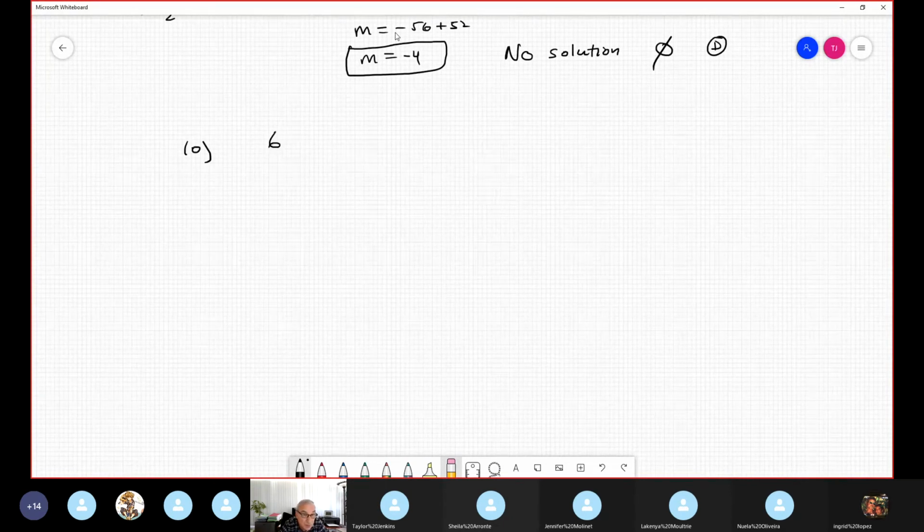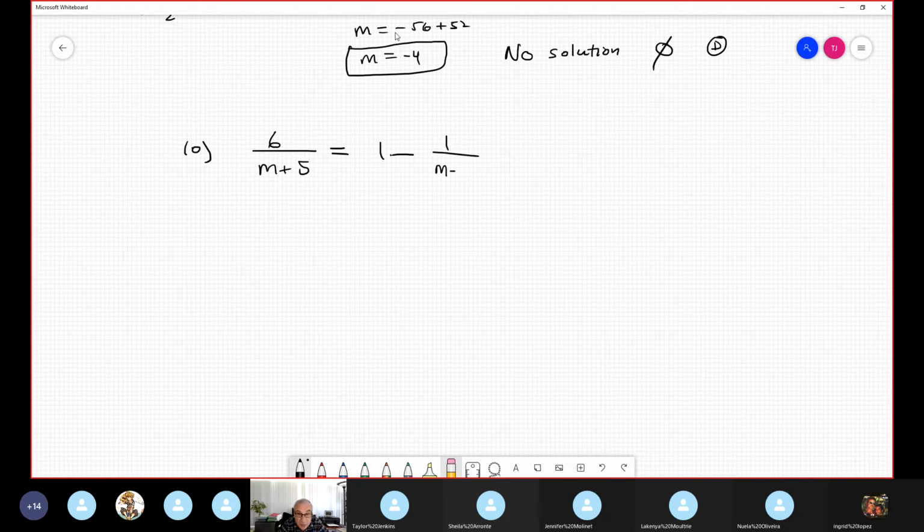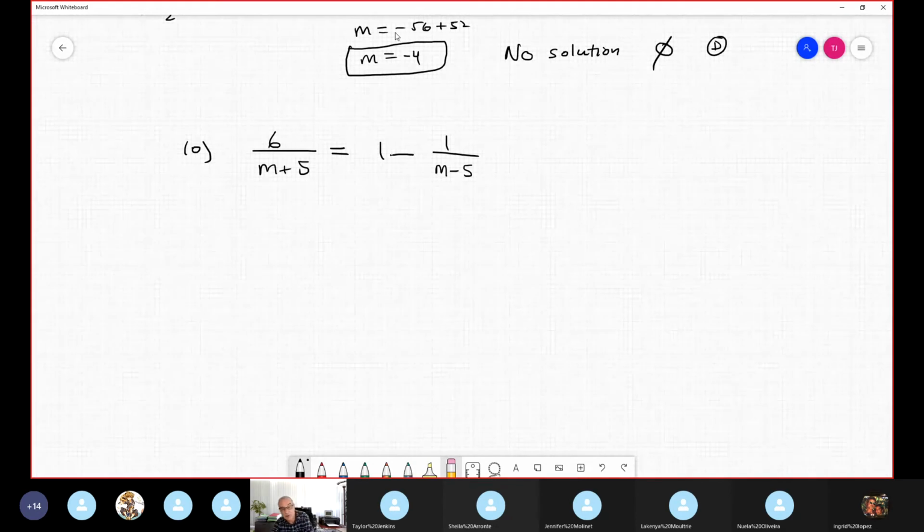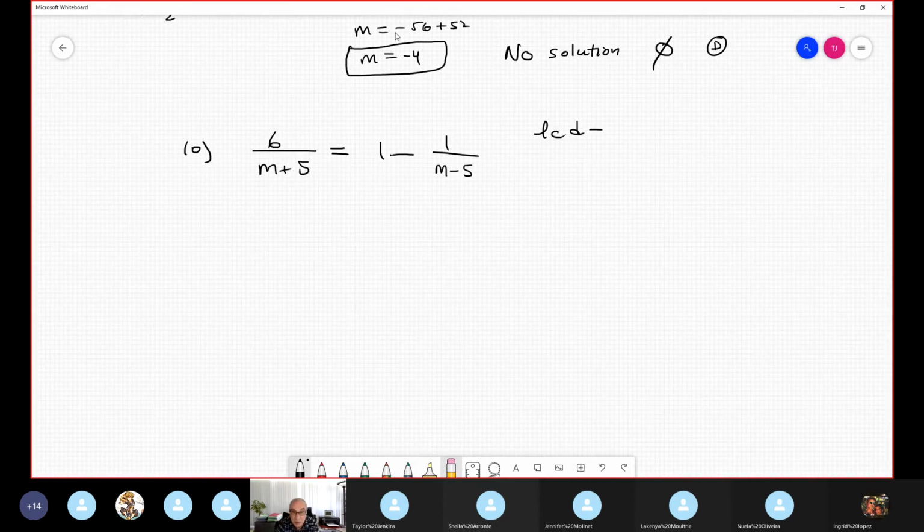It's 6 over n plus 5 equal to 1 minus 1 over n plus 5, n minus 5. Okay, in the denominator we cannot do factorization because the expressions are prime. The least common denominator is obvious: n plus 5 and n minus 5 together. The restrictions associated with this situation are no 5 and no negative 5.